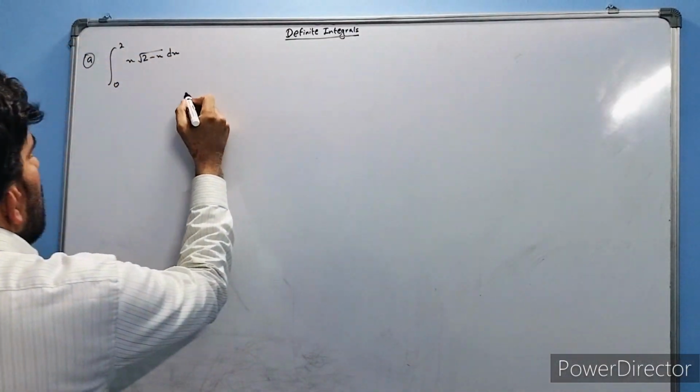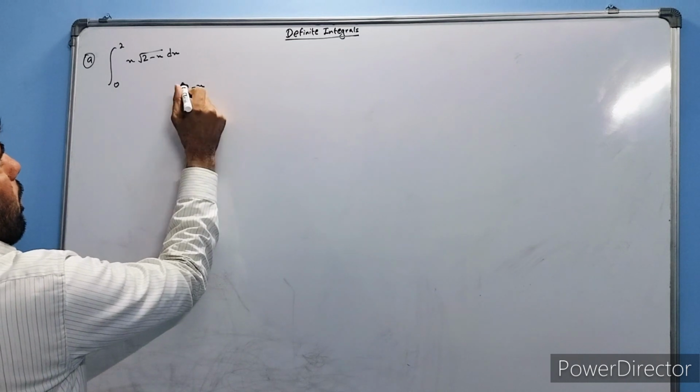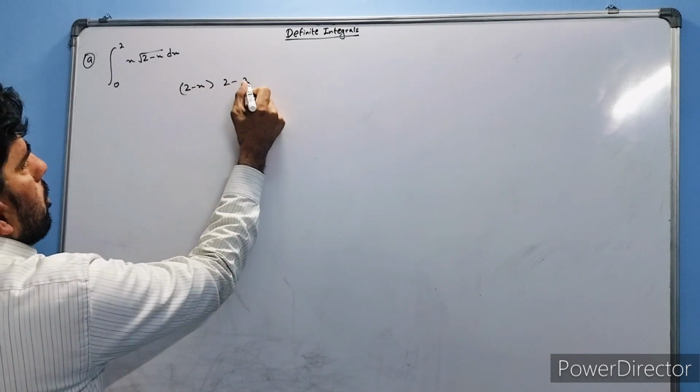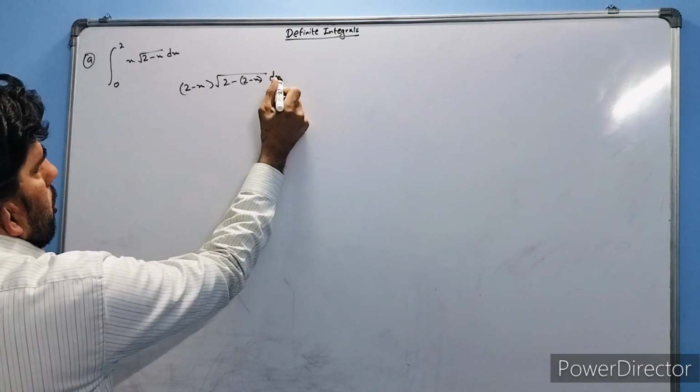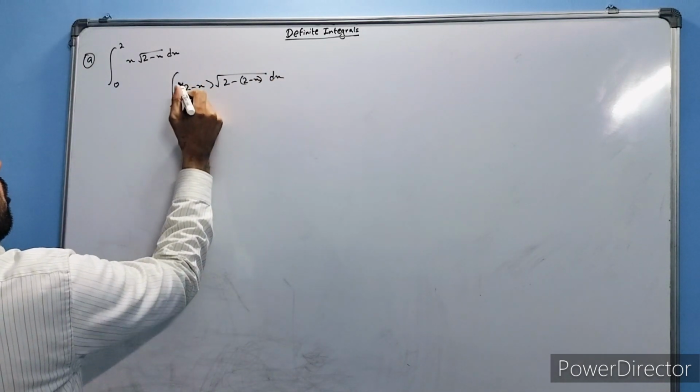Now let us see 2 minus x, 2 minus x dx, 0 to 2.